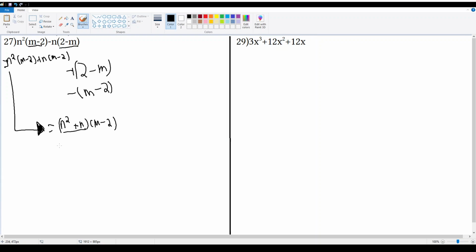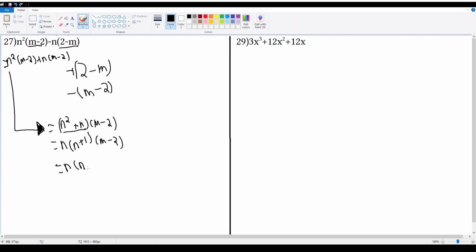This can also be factored because we can take out the n and then make it n plus 1 and then m minus 2. Now let's make sure we got the answer right.